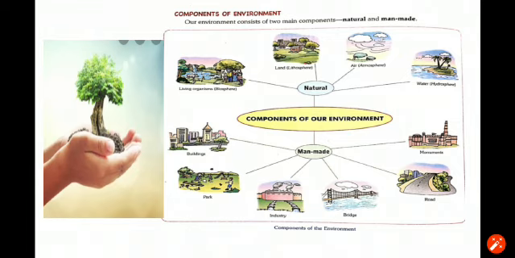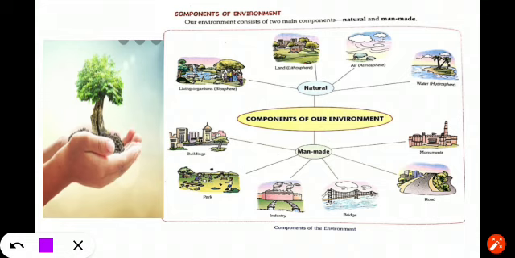Now, we will discuss the components of environment. What are the components? Actually, the whole surroundings can be divided into two categories. Look at the picture. One natural and the other one man-made.